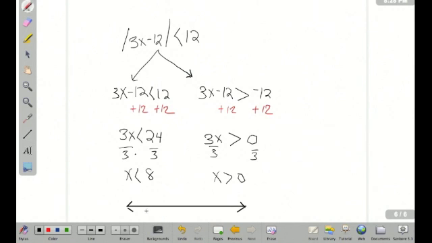My dots are both open again. Here's my 0. Here's my 8. Both dots are open. X is less than 8 runs in that direction. And x is greater than 0 runs in that direction.